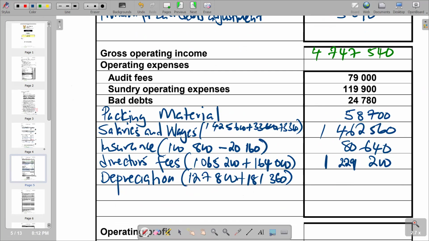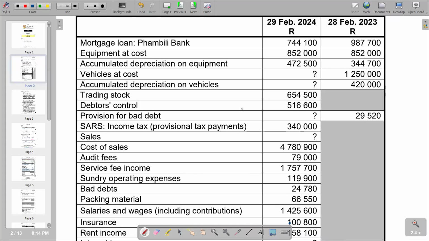And then we check if we've got any other expense that we are supposed to include according to the expenses given in the list. So we are also supposed to check our trading stock. Remember, the figure that we are given in the list here, 654,500, indicates the book value of trading stock.